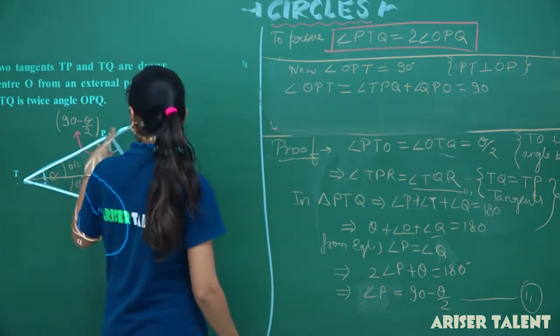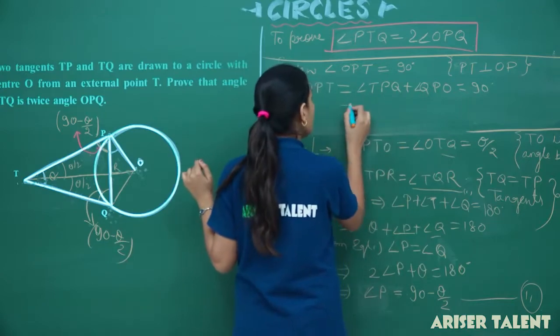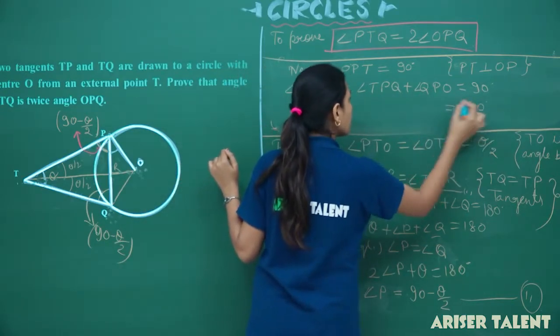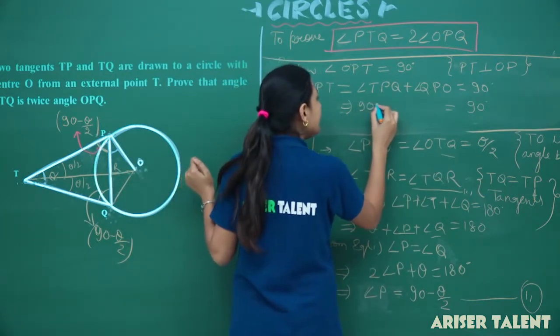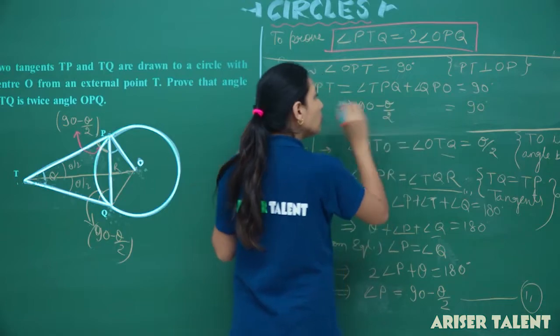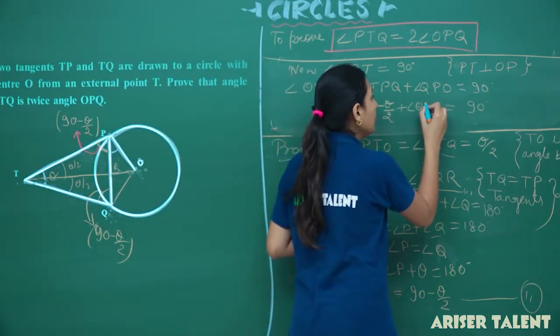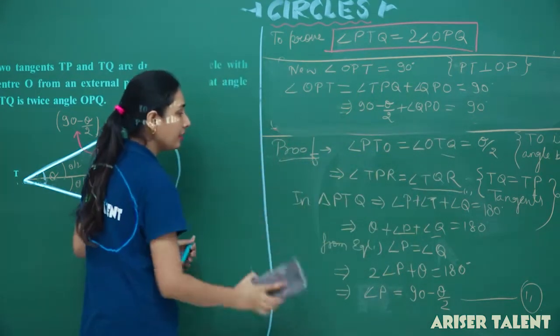This is the same angle P here. So TPQ is equal to 90 minus theta by 2. Okay, and the same angle, right? I am rubbing the remaining part too.